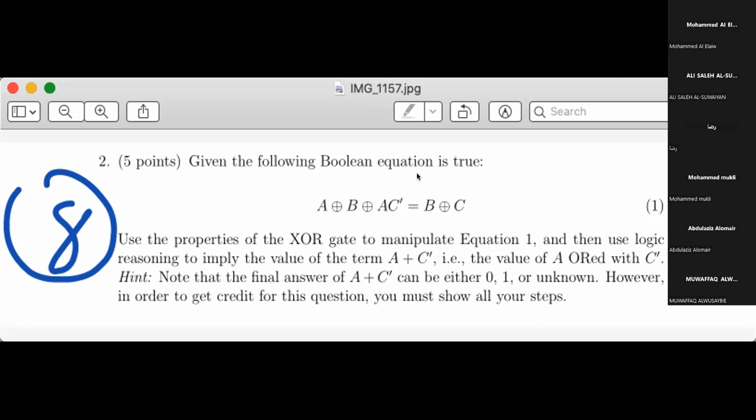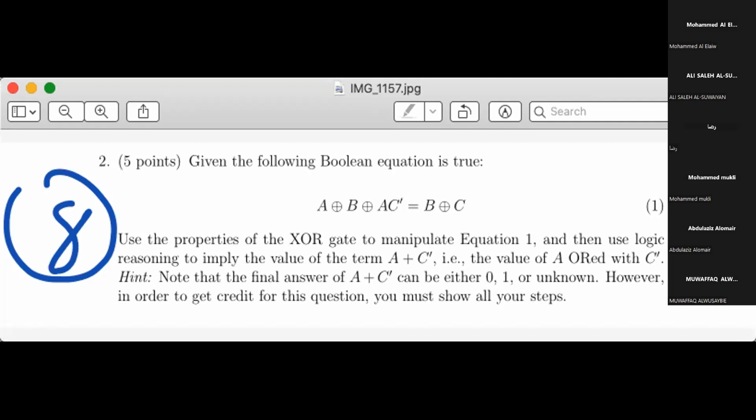It is A XORed with B, XORed with A complement A C complement, equals B XORed with C. We want to imply the value of A ORed with C complement, by solving this equation.